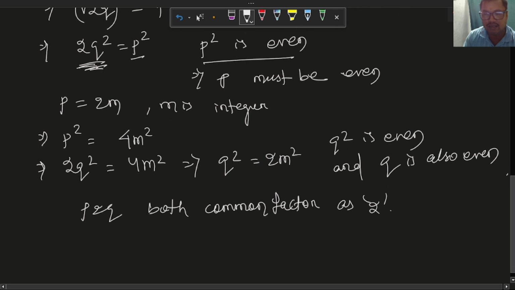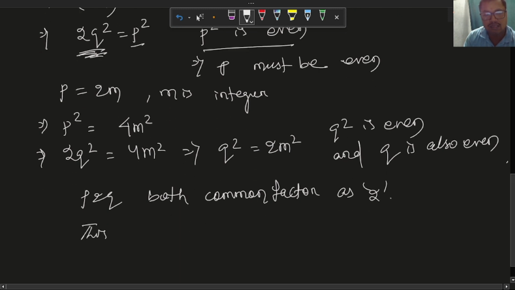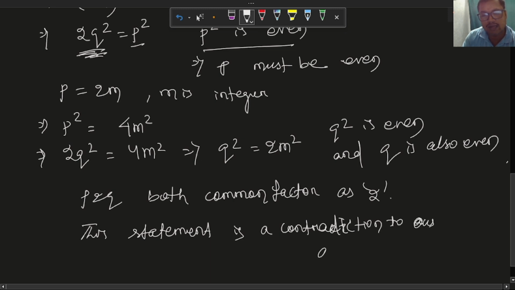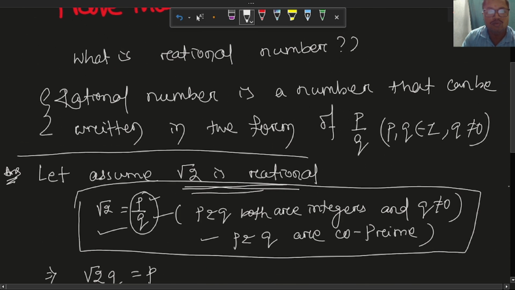This statement is a contradiction to our assumption. We assumed root 2 is rational, so p and q are integers, q does not equal 0, and p and q are co-prime.